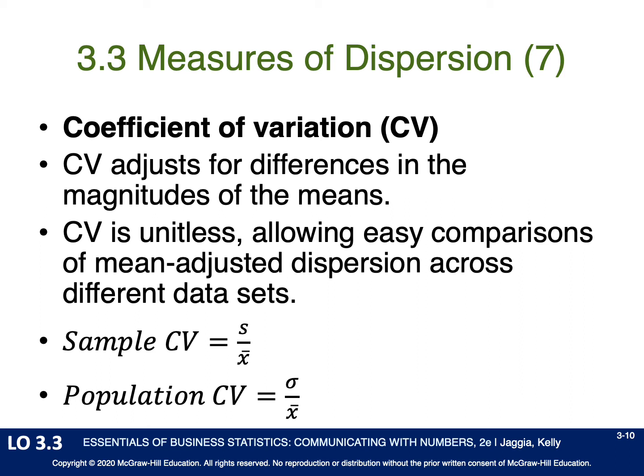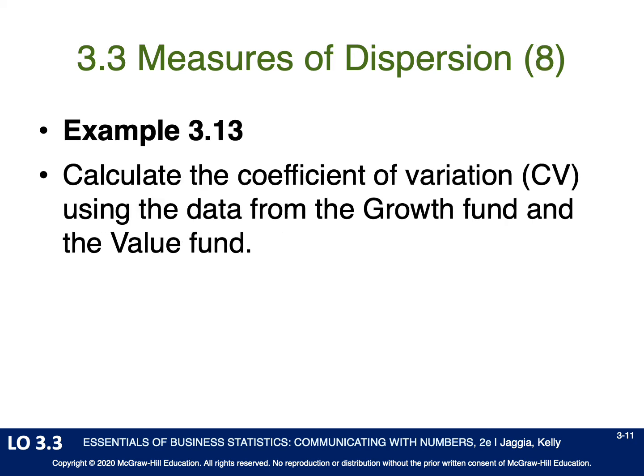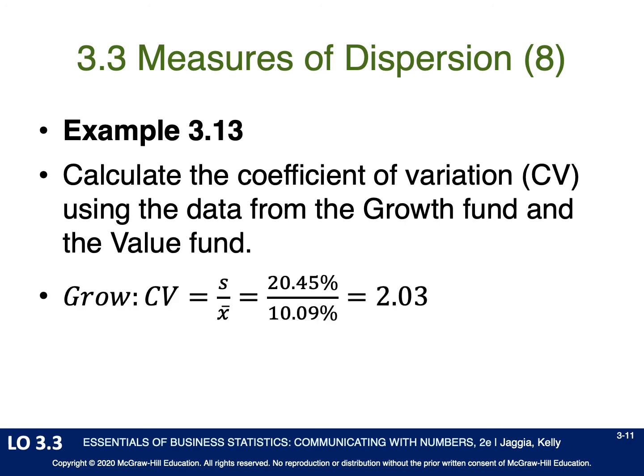To calculate, it's real easy. Once you have the standard deviation for the sample or for the population, you just divide by the mean, by x bar. We're going to do that for both the growth fund and the value fund. We've already calculated the standard deviation for the growth fund, and if we divide it by the mean of 10.09%, we get 2.03.